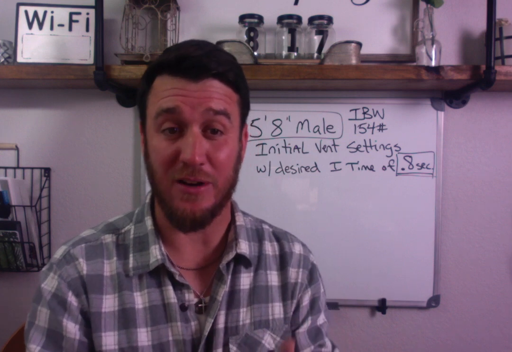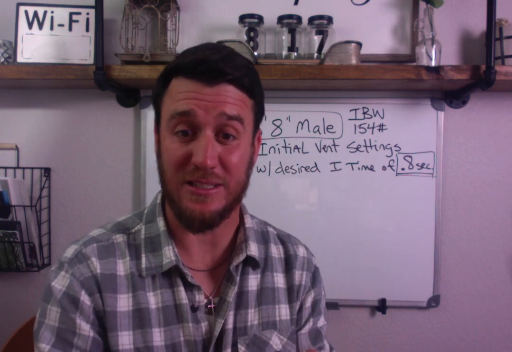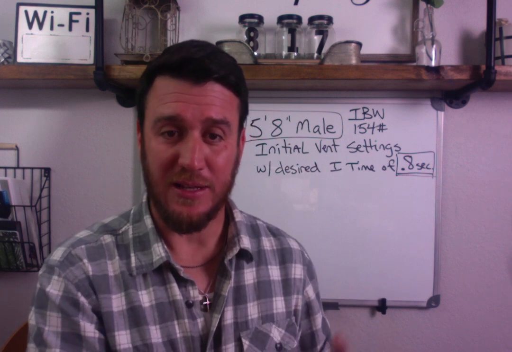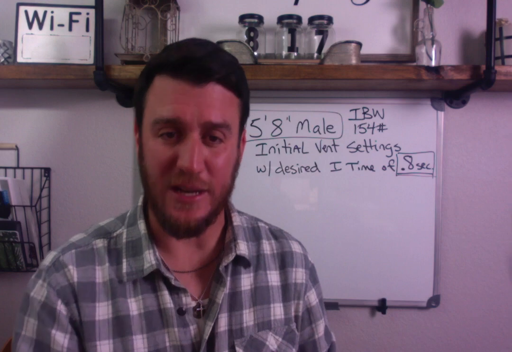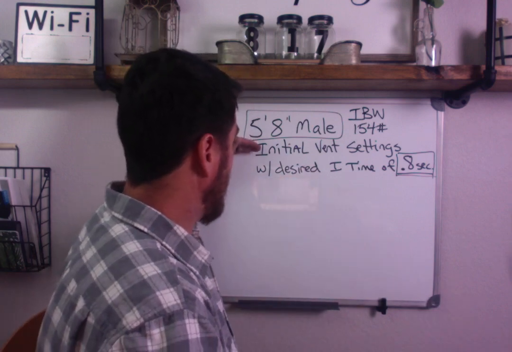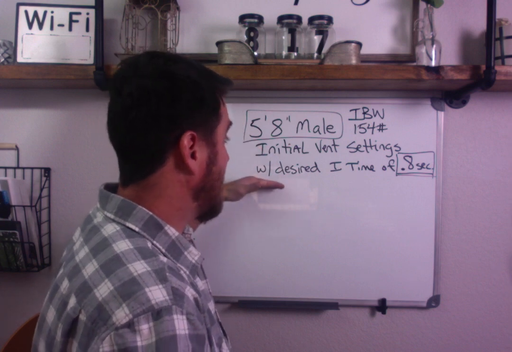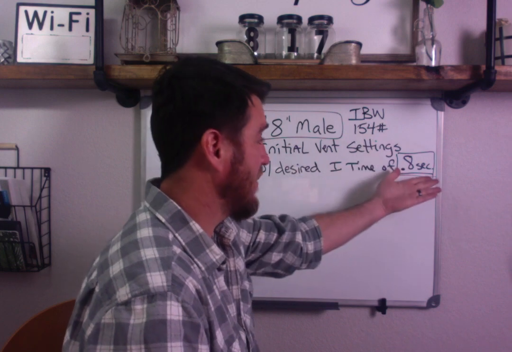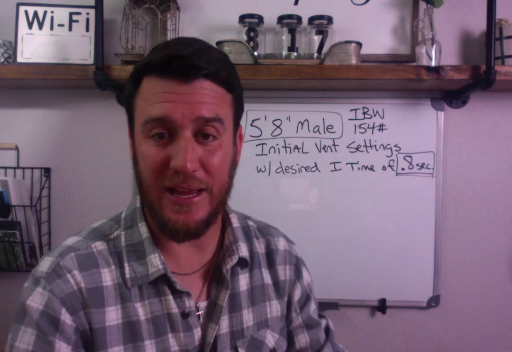Now, what we're talking about here is coming up with initial vent settings when given just a little bit of information. You can see I already have it written out on the board. What we have here is a 5'8" male. We want initial vent settings, but we have the specification that we want a desired I time of, whatever it might be, and I put in 0.8 seconds.